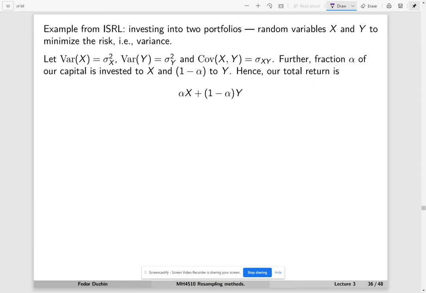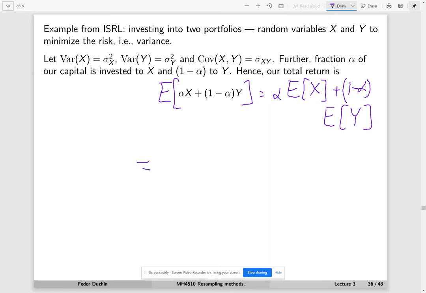We have some money, and we can invest a fraction alpha of our money into X and the fraction 1 minus alpha into Y. The expected value of our investment is the expected value of alpha X plus 1 minus alpha Y. The expected value is linear, so this is alpha times the expected value of X plus 1 minus alpha times the expected value of Y. Since these are the same, it is alpha r plus 1 minus alpha r, which is just r.